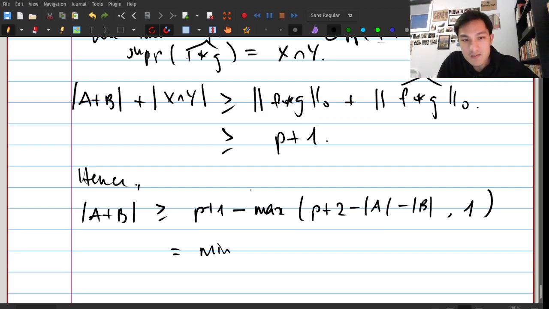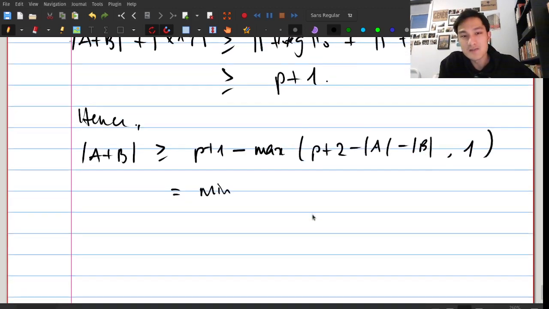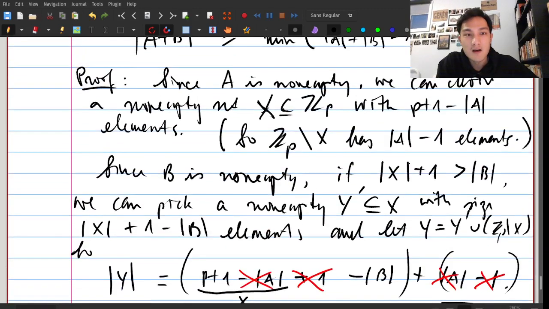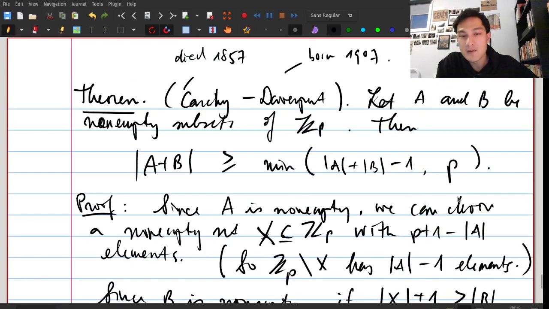We're subtracting a maximum. So it's going to be a minimum of p plus 1 minus that, which is going to be size of a plus size of b minus 1, and p plus 1 minus 1, which is just p. Okay, that's exactly what we wanted, right?